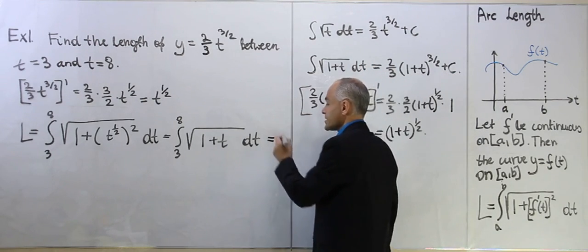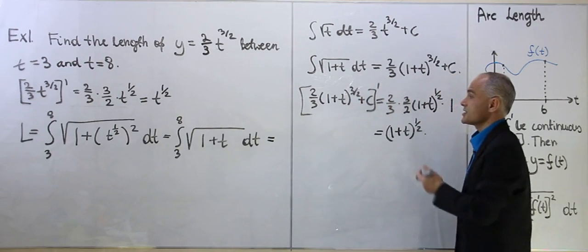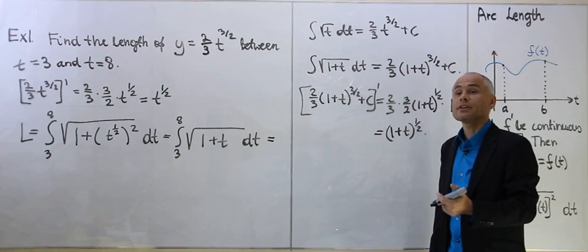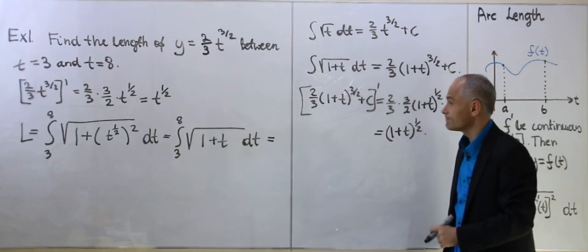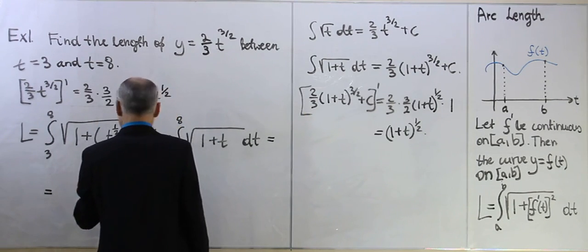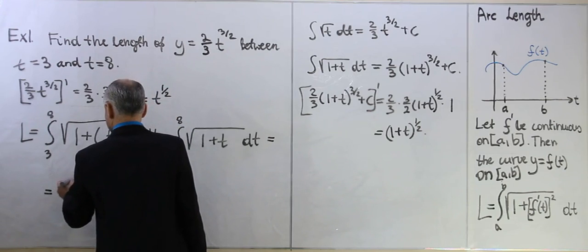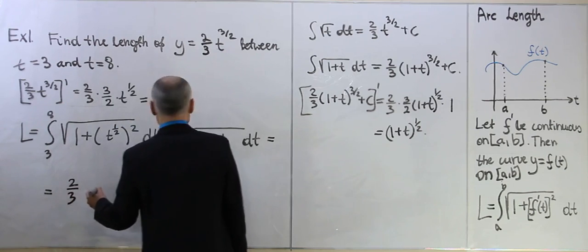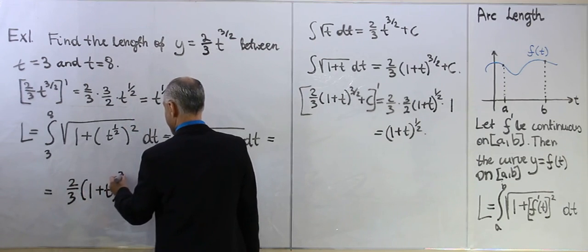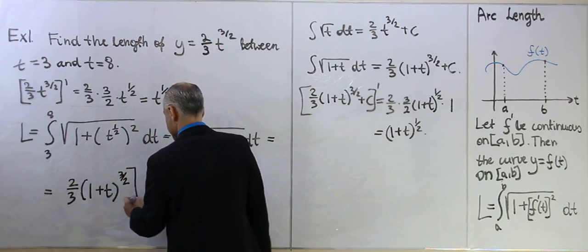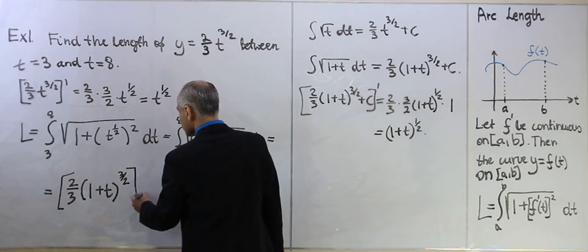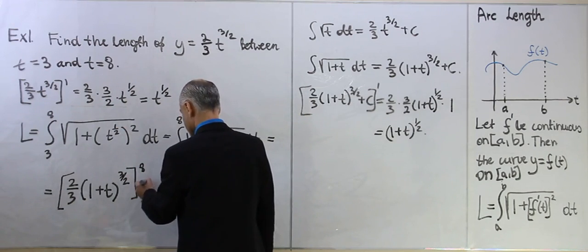In other examples where guessing will not be as easy as this one, please use Wolfram Alpha to get the antiderivative. However, I would like you to show the rest of the calculation. Okay, so here now we get 2/3 times (1 plus t) to the power 3/2, and this needs to be evaluated at 3 and at 8, and you take the difference.